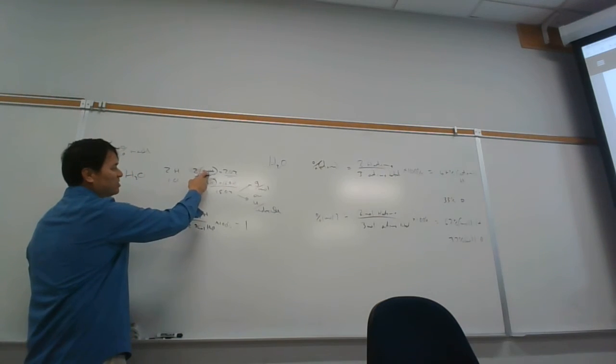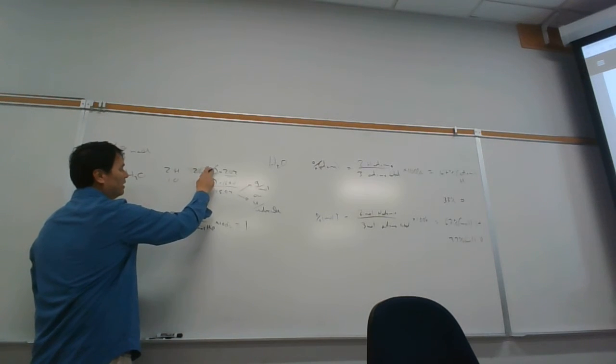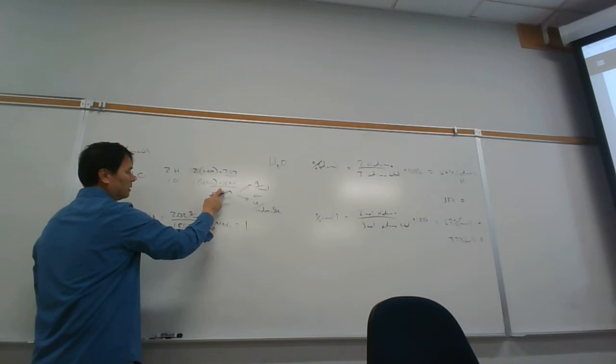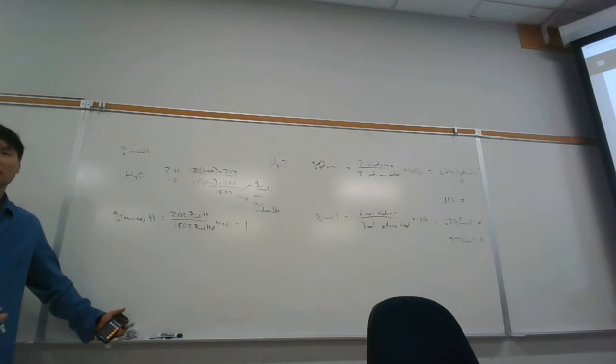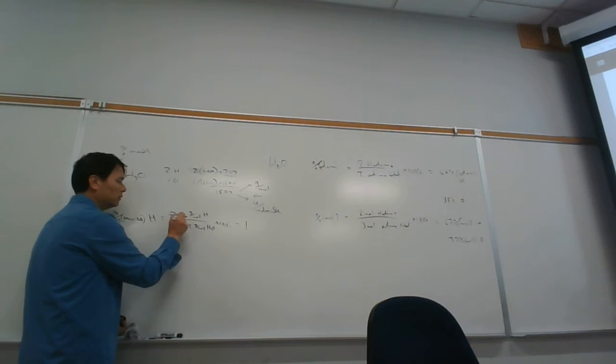In most cases, using 1.01 is fine. If I use 1.01 here, then I get 2.02, and 2.02 plus 16.00 gives me 18.02, and that's 4 sig figs.